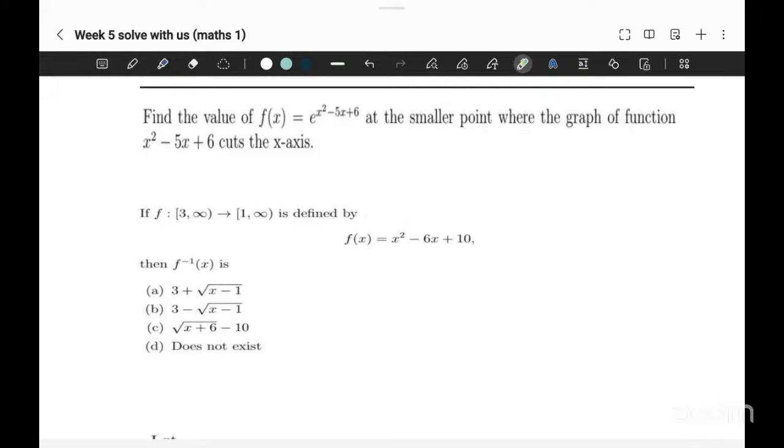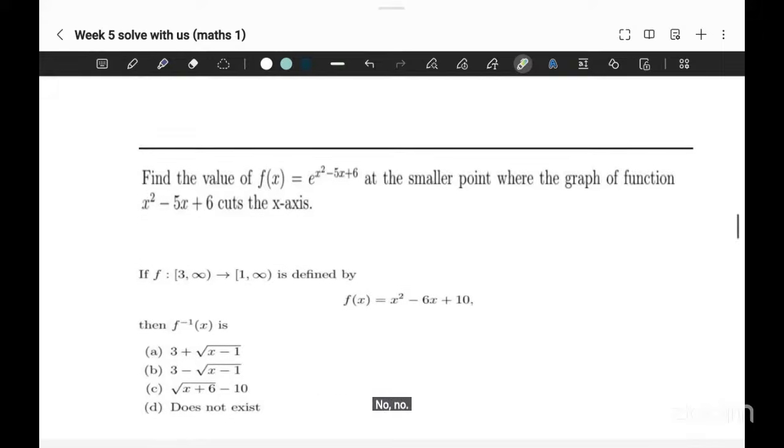I think answer option A is correct. No, no, only for this question. This is another question.